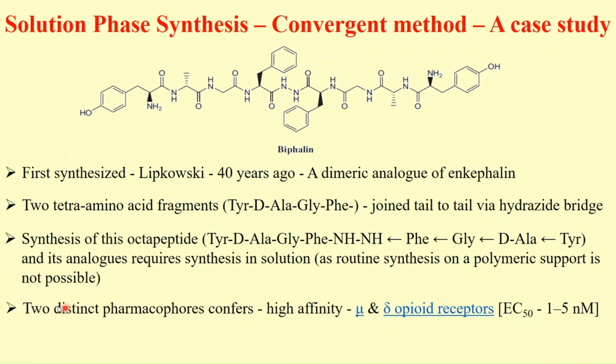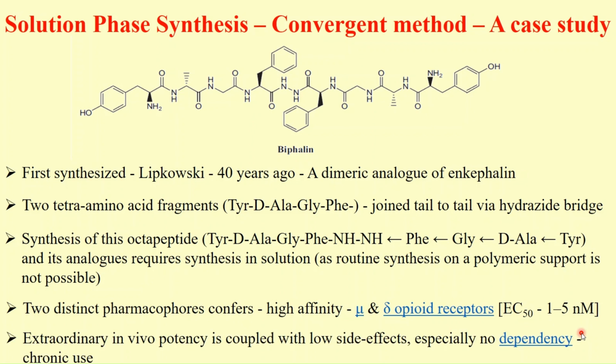Because of these two distinct pharmacophores, it confers higher affinity towards both mu and delta opioid receptors with the effective concentration 50 in the range of 1 to 5 nanomoles. This extraordinary in vivo potency has been coupled with lower side effects, especially the dependency which is caused when you use morphine as a drug.